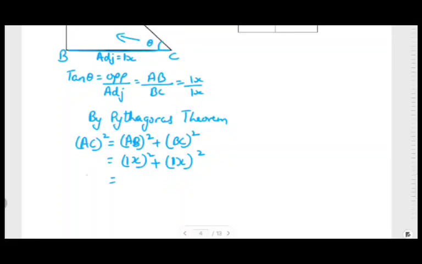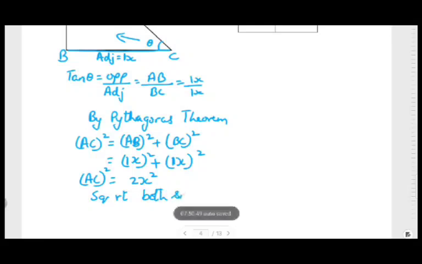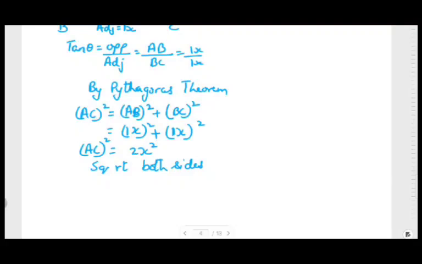If I add up both, it becomes 2x the whole square, correct? My AC square is 2x square. Now square root both sides. What happens? So this becomes AC, and the square goes out, so x square becomes x. But what about 2? I'm going to leave it as it is.